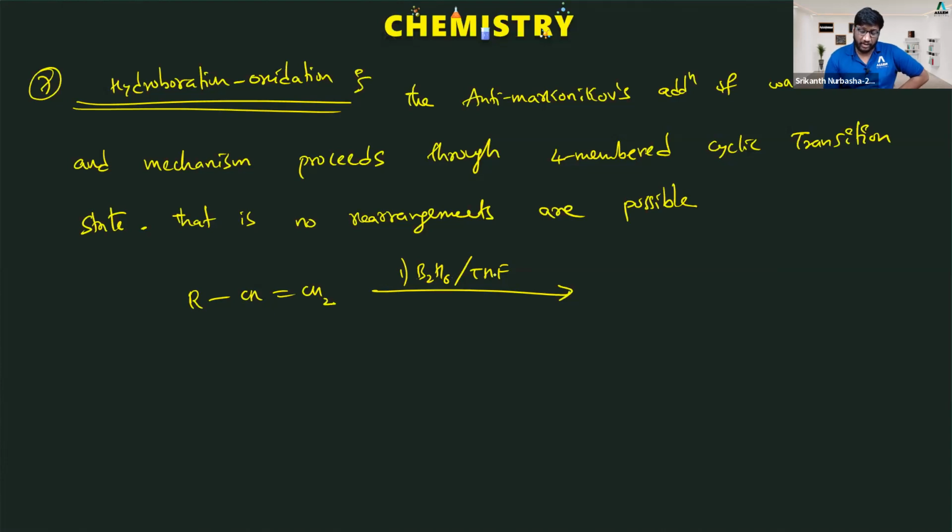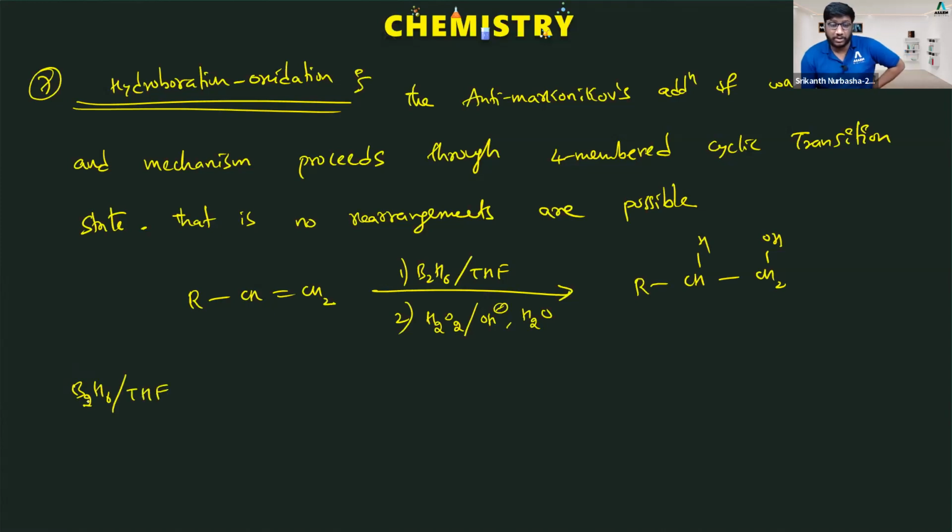Then the oxidation of the trialkyl borane will give the respective alcohol. Oxidation happens in the presence of H2O2 and OH minus ions, and water is also there. It will form RCH2CH2OH.